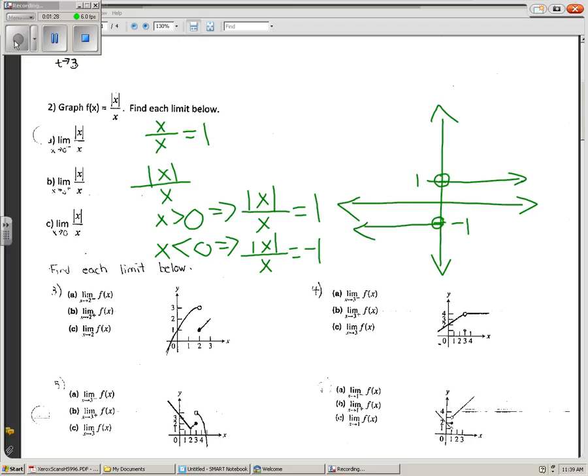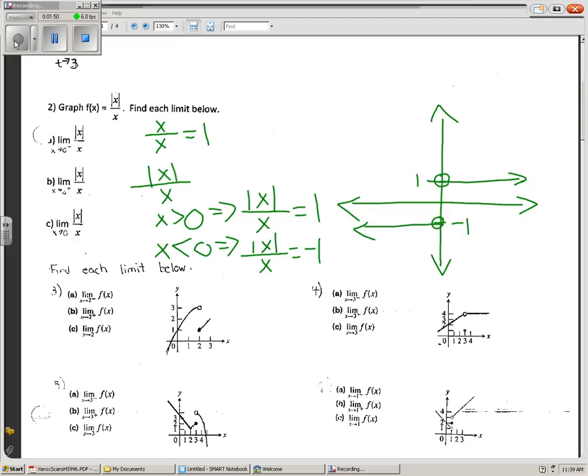For part A, they're saying find the limit as x approaches 0 from the left of absolute value of x over x. So this means if you put in x numbers just a little bit smaller than 0, what value is y going to get closer to as the x's get closer to 0.